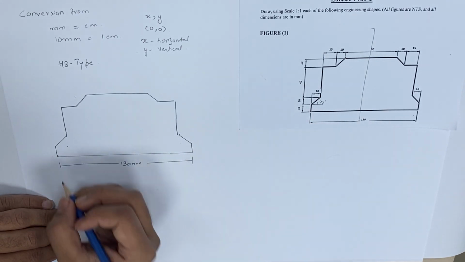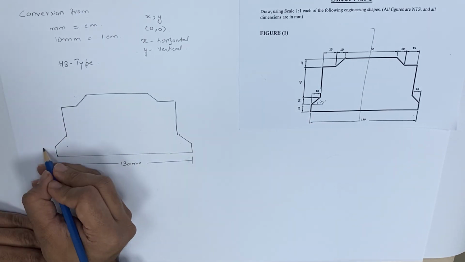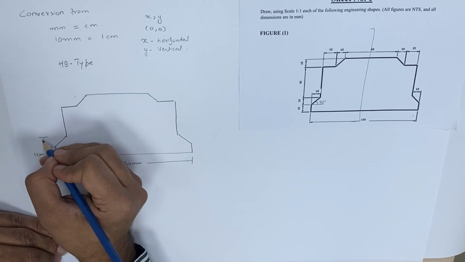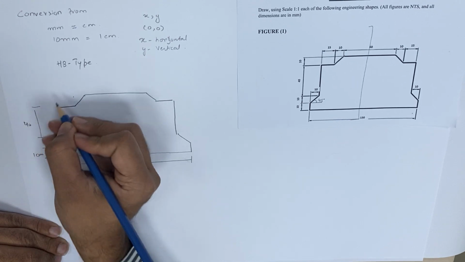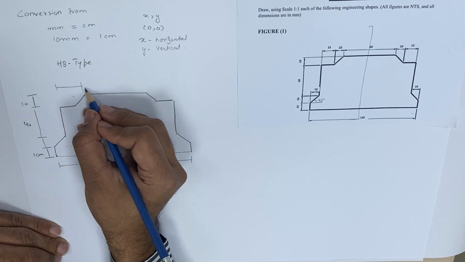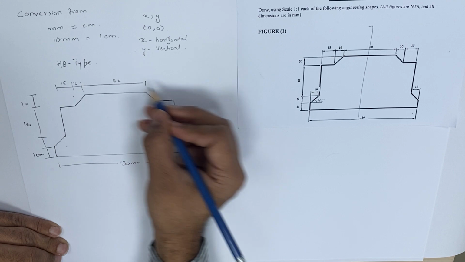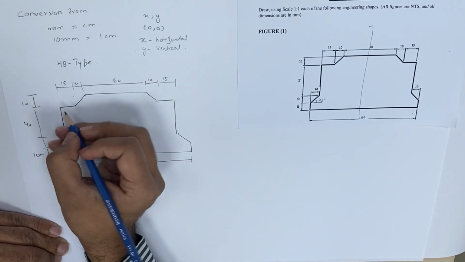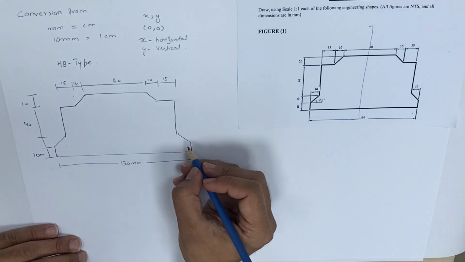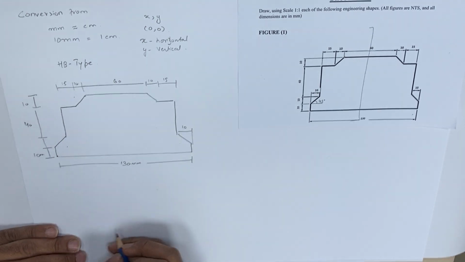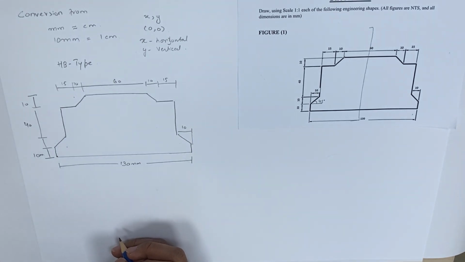All the dimensions should be mentioned in the figure, like this 10 mm, 10, 60, 40, this is 10, this is 15, this is 10, this is 60, this is 10, and this is 15. Okay, all of you should mention these dimensions as well. It is compulsory to label the diagram. Now your figure number 1 is completed.